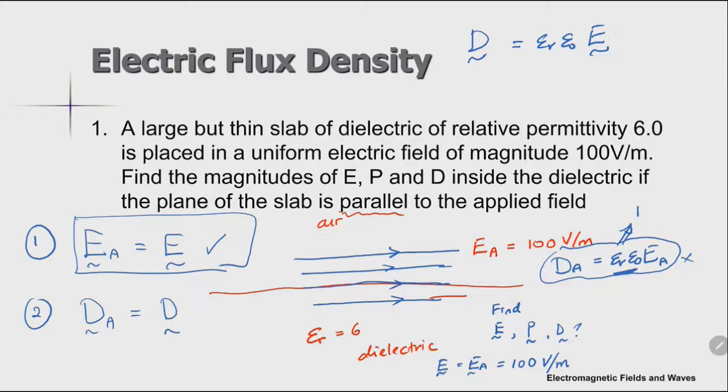So we know that this is equals to 100. This is equals to 6. This is equals to 8.854 times 10 to the minus 12.